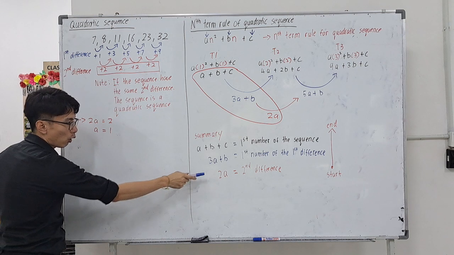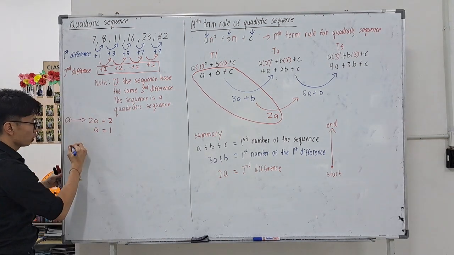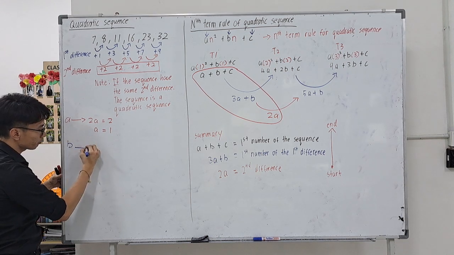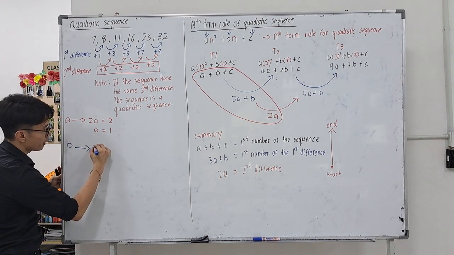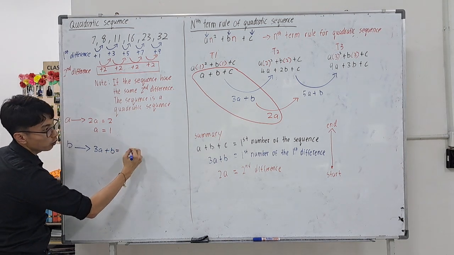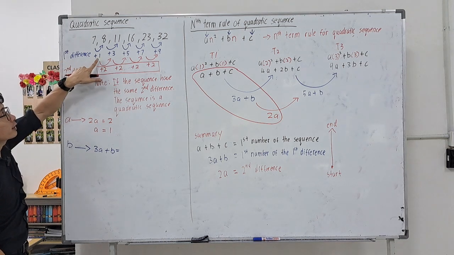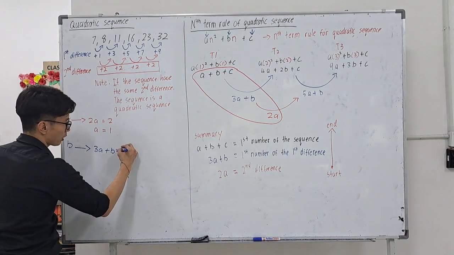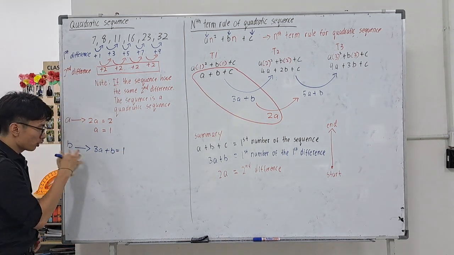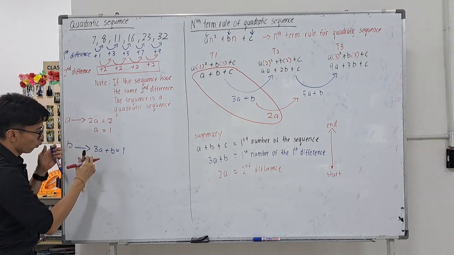So for my B, I will move up because I know my value of A, I can find B now. So for me to find my B, that's going to be 3A plus B, and that is equal to the first number of the first difference. In this case, that's going to be 1. So I know that my A is 1.